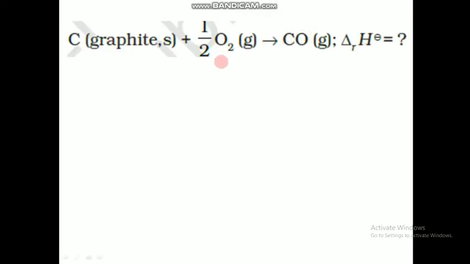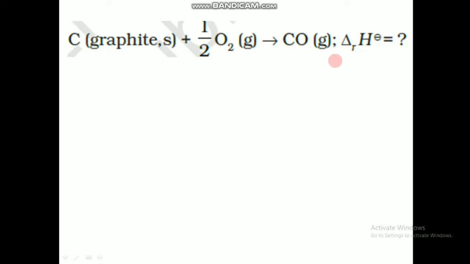So this is an example which is given in your textbook. It's a thermochemical equation where carbon reacts with half O2 giving carbon monoxide, and the enthalpy is not specified there. Whatever the enthalpy is, what Hess's law tells us is that if this reaction is carried out through different intermediate states, then also we will get the same amount of enthalpy.